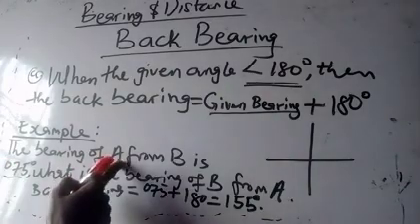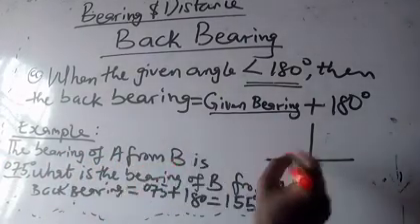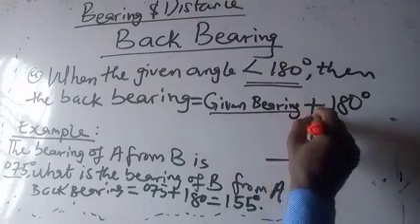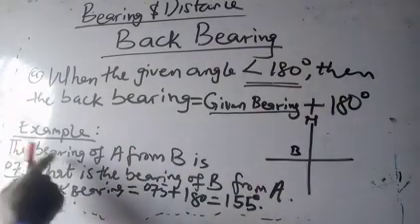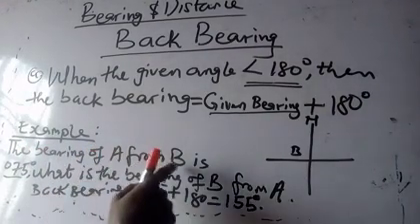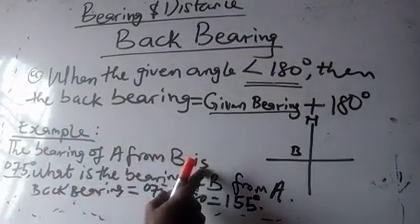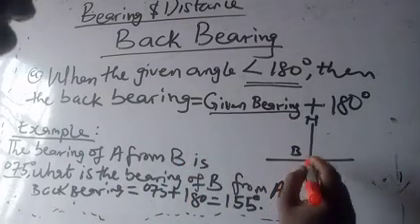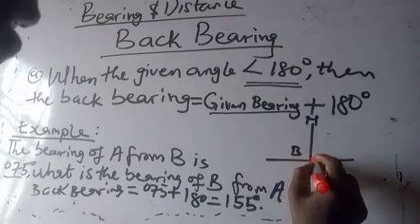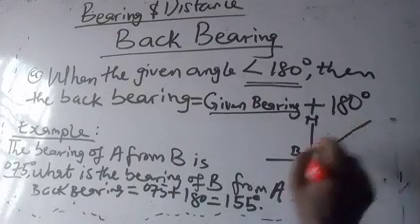The bearing of A from B, the starting point is B. This is the north. The bearing of A from B is 75 degrees, so it's still within this 90.